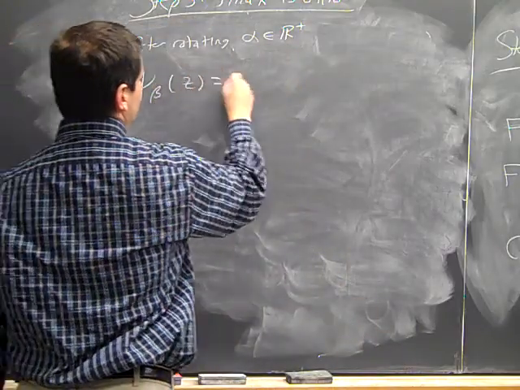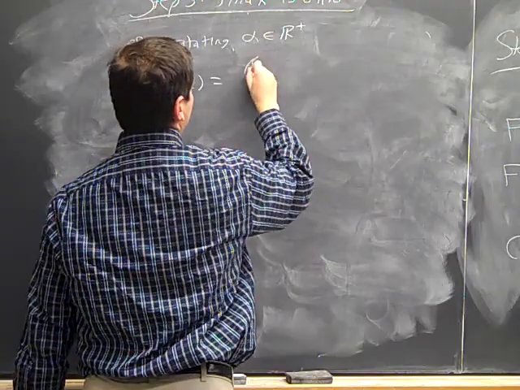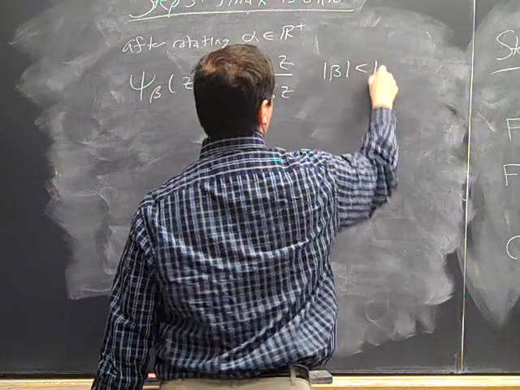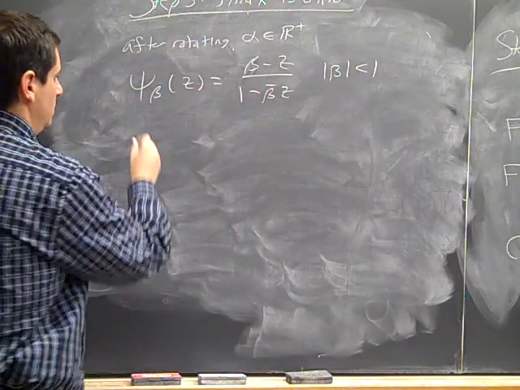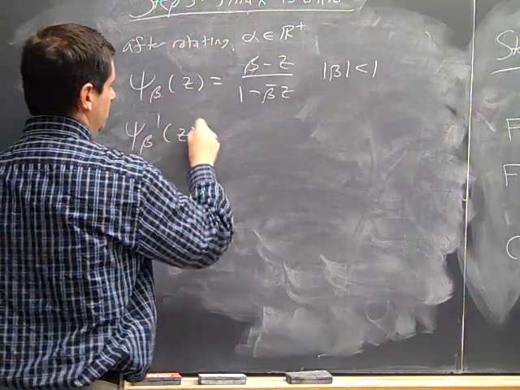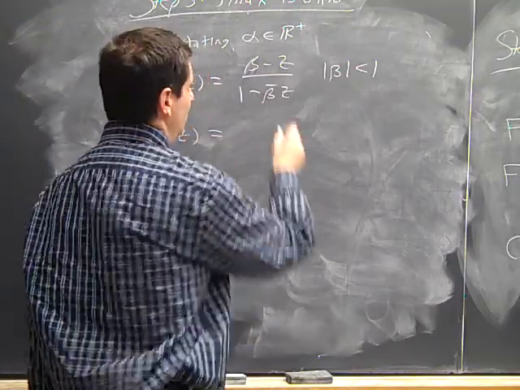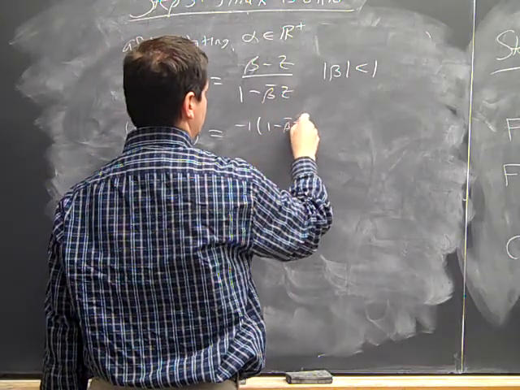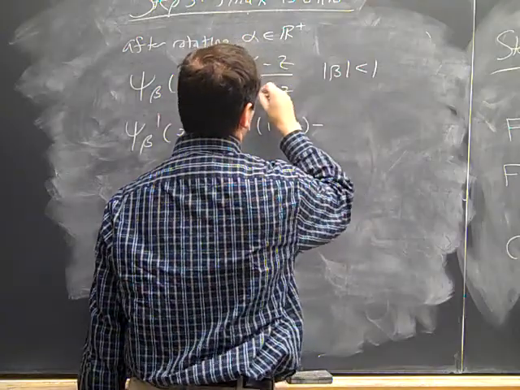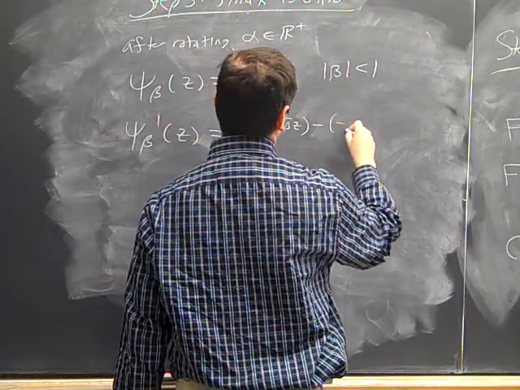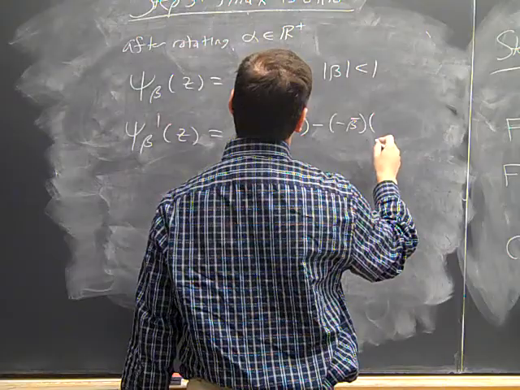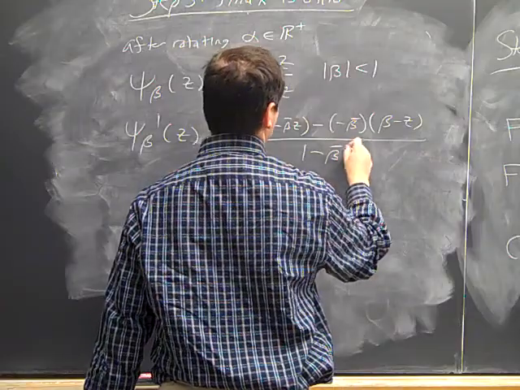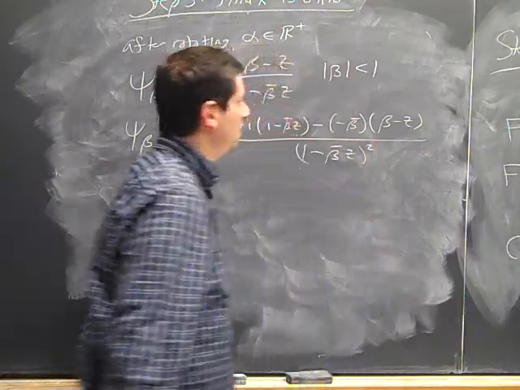C beta of z is beta minus z over 1 minus beta bar z, where the absolute value of beta is less than 1. C beta prime of z, oh goodness, we get to use the quotient rule, right? It's the derivative of the top times the bottom, so negative 1 times 1 minus beta bar z, minus the derivative of the bottom, minus beta bar, times beta minus z, over 1 minus beta bar z squared.